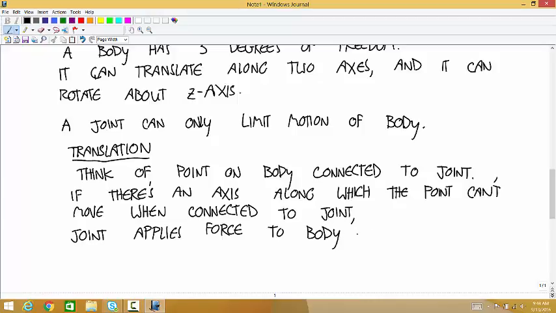The joint applies a force to the body along that axis. So let me show you an example of that.